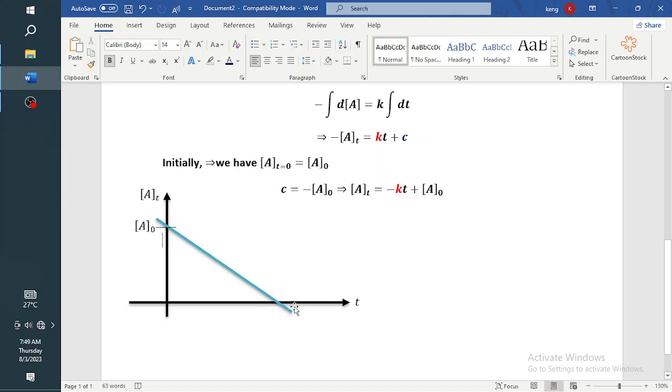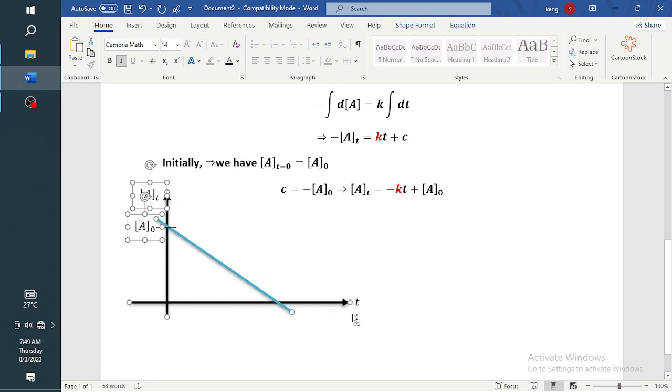So maybe when the concentration is 0, you have a certain time. When this concentration here is 0, you can find the time taken for the concentration to be 0, and then you just mark that time here. All right, so that is it for the graph of the concentration of a reactant for a first order reaction.